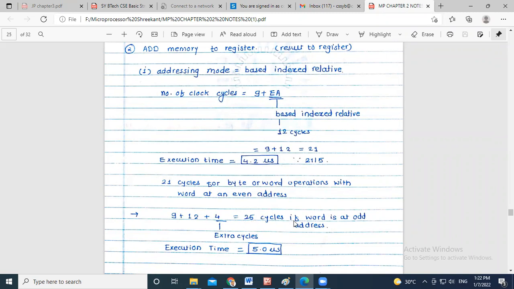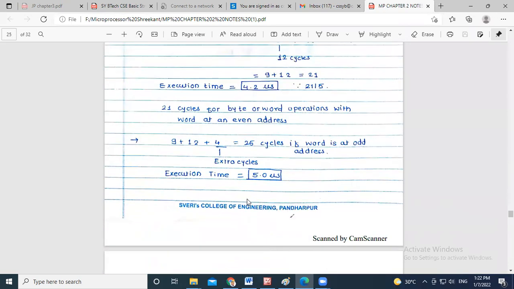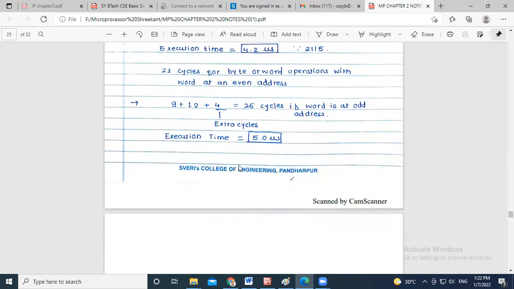So a total of 25 cycles for a word at an address is to be found. So 25 divided by 5, the number of clock cycles divided by 5, the clock frequency. So 25 by 5, finally you get 5 microseconds. That is the execution timing.